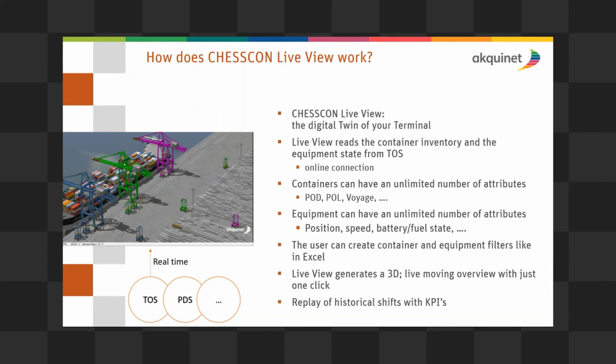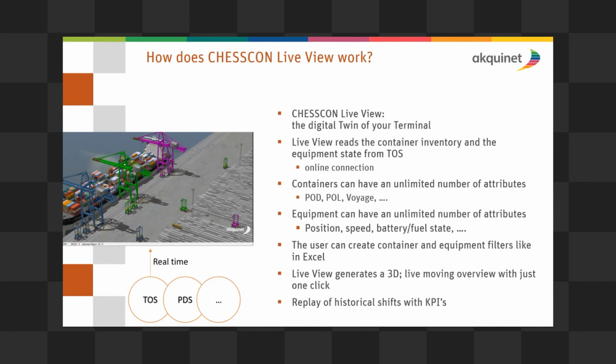And the user can, for example, as it is possible right now in CHESSCON simulation, create container equipment filters like in Excel, so they can see easily where the boxes are and make the planning much easier than before. And it generates a 3D live moving overview.